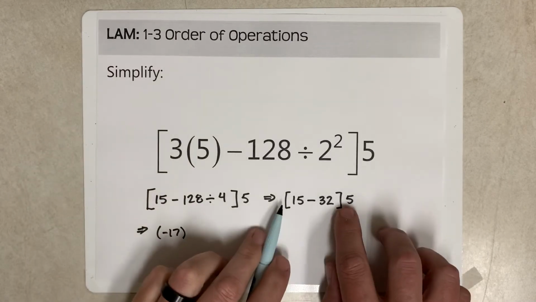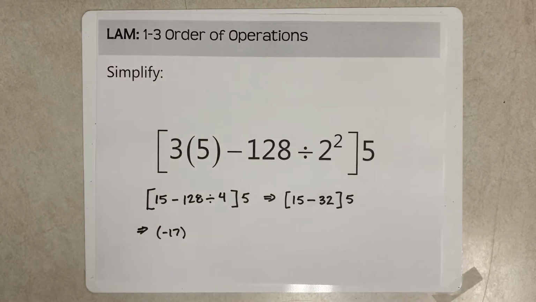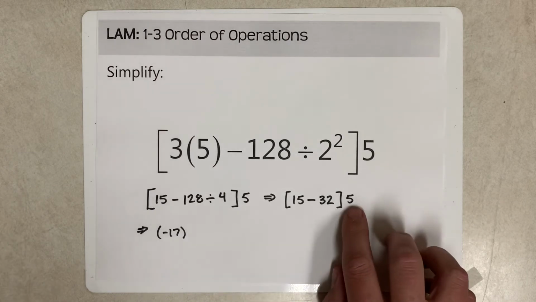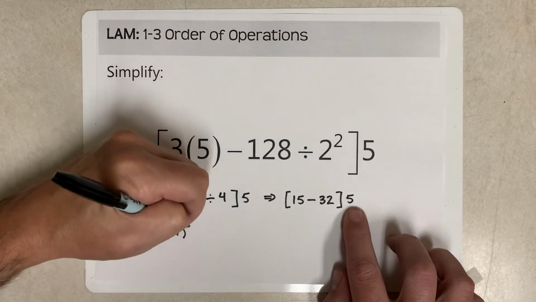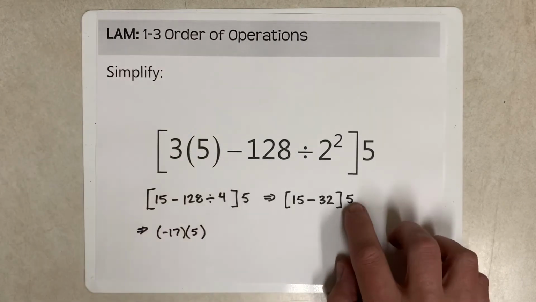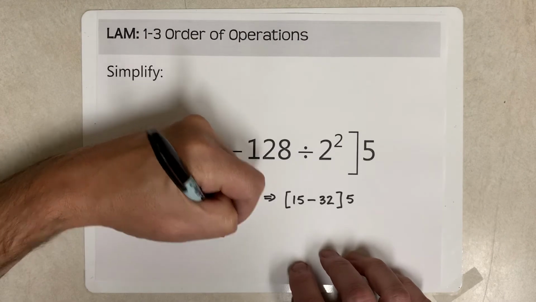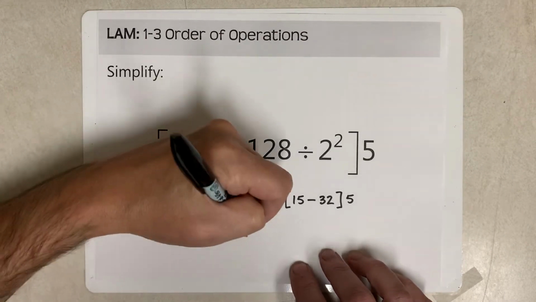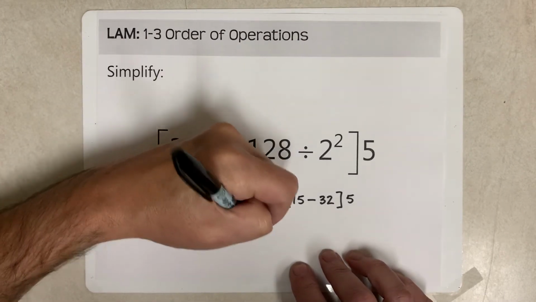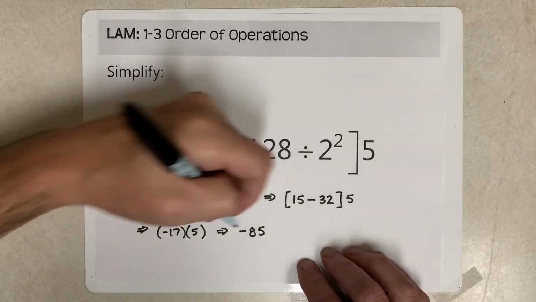And notice how I went from brackets to parentheses. That's fine, you can do that. I do that all the time. Still times 5. I'm actually going to put that 5 in parentheses too, because I don't like it sitting outside on the right-hand side. It's just something weird about that. And if I take negative 17 and multiply it by 5, I get negative 85. And that should be my answer for that one.